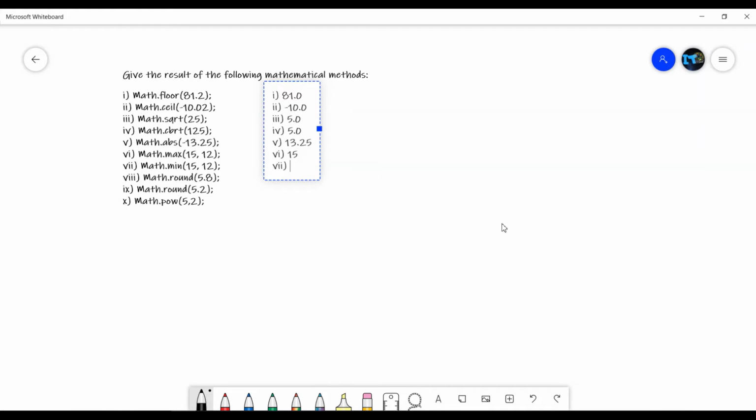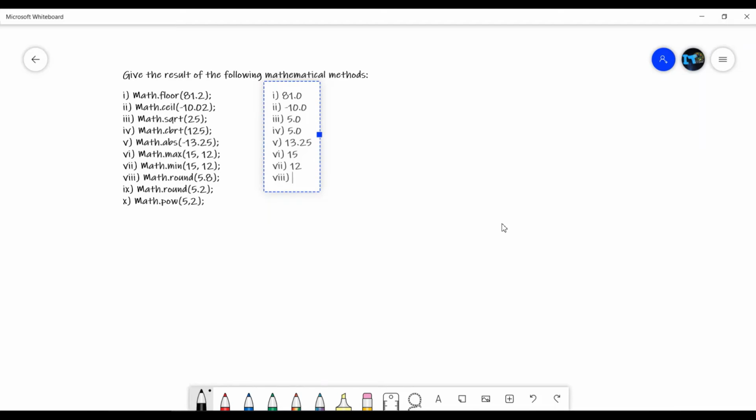So the minimum value is 12, so this method returns the value 12. Okay. Now I go to the next one, that is Math.round(5.8).